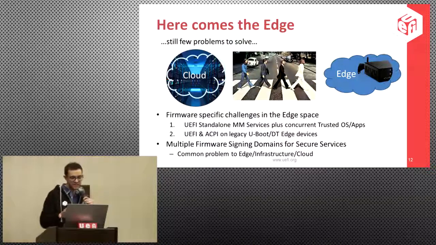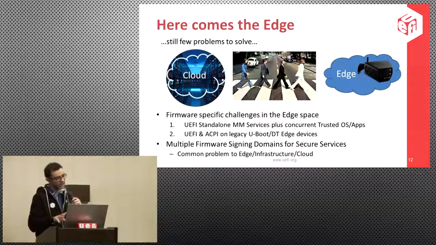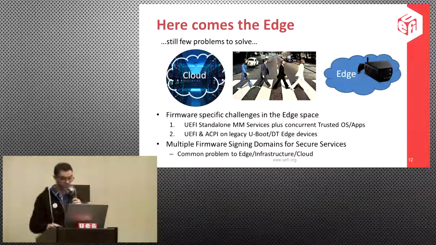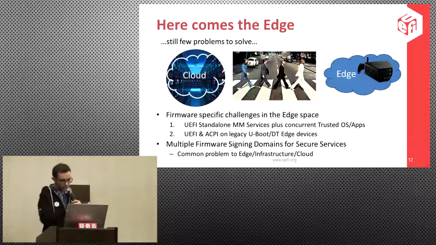So we need some sort of new framework for authenticating these services, extending what we have right now, because I'm going to explain that right now we can only allow, let's say, one single chain of trust as an authentication method. So let's go one by one and see how we are trying to solve these challenges for the edge.